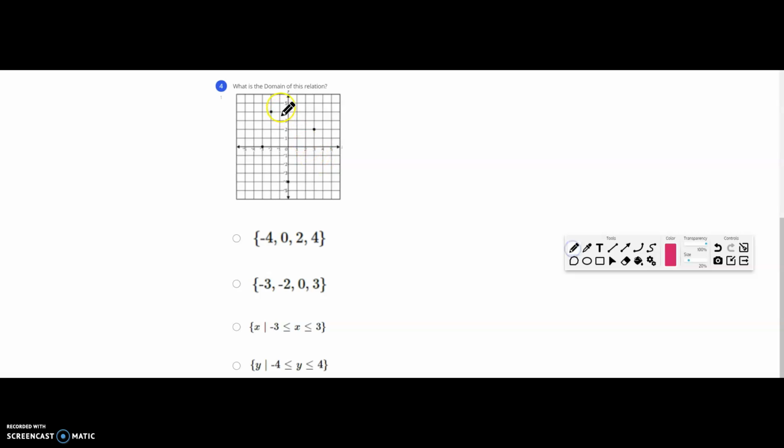Okay, so let's take a look at this. We want the domain, so we're looking at all x values of the coordinates. So let's take a look. We have this point here, that point is -3, 0. Then we have this point here, which is -2, 4.